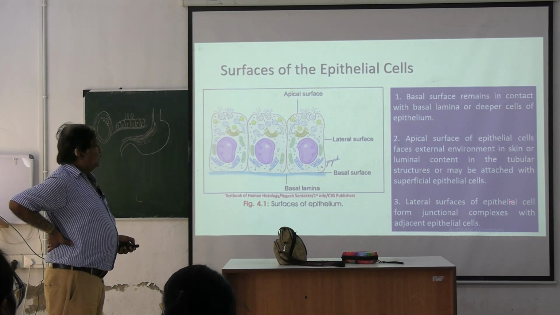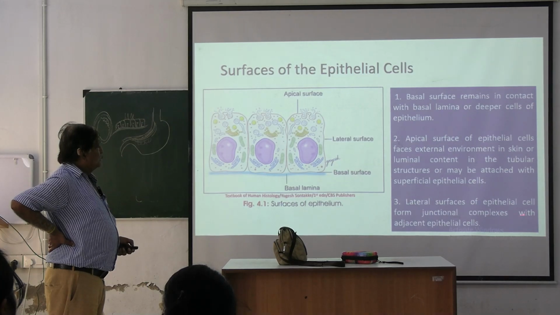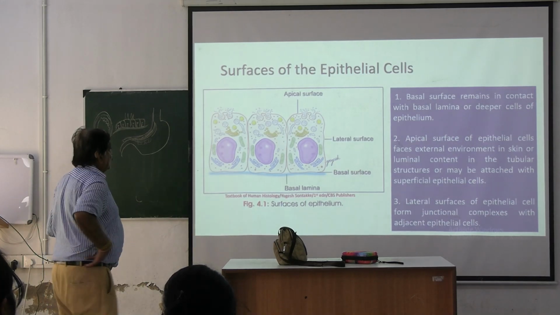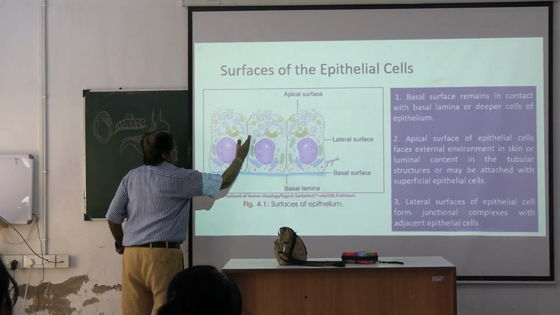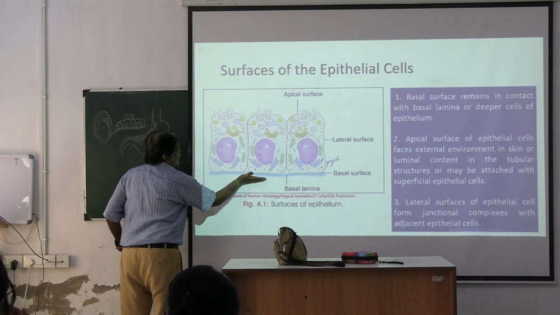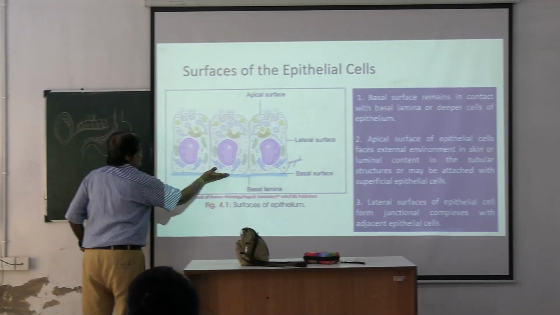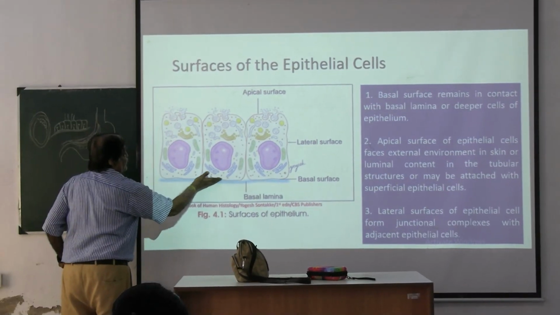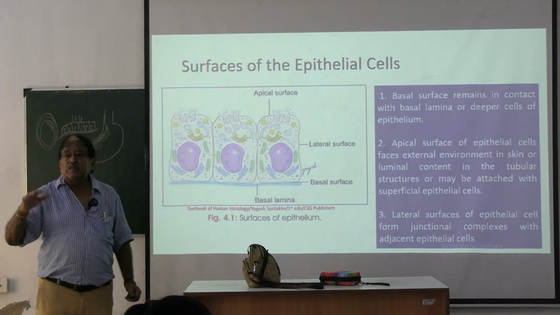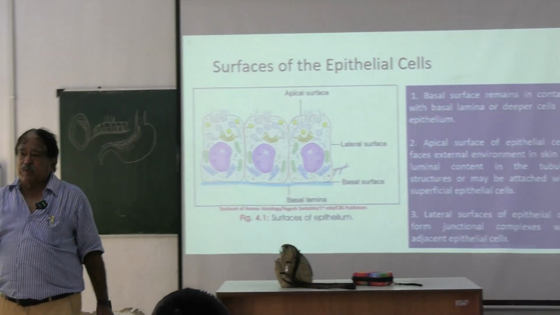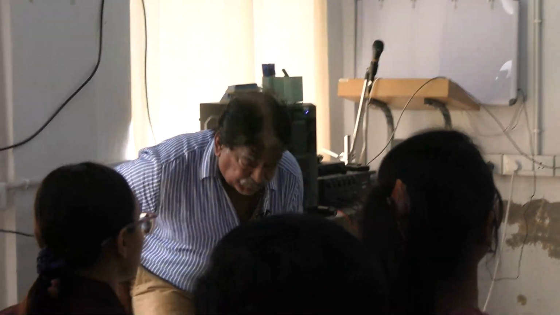The lateral surfaces of the epithelial cells have junctional complexes with adjacent epithelial cells. Now, one cell and another cell laterally. The apical surface secretes mucus or whatever component of that specific organ.